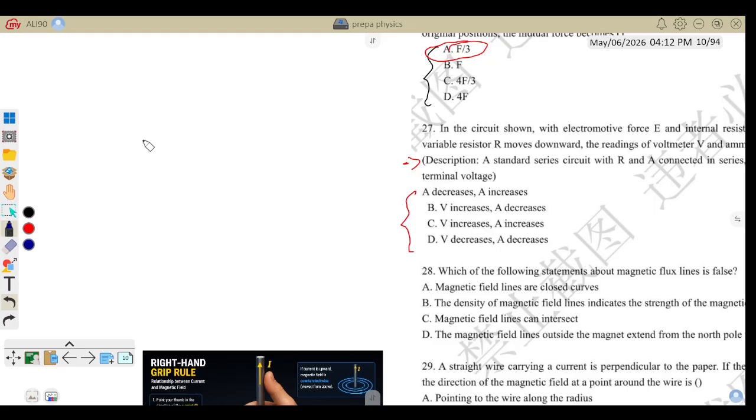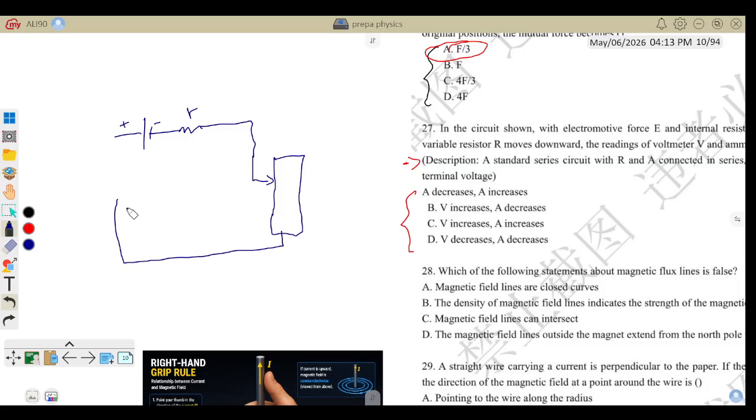We can draw the scheme like this. This is the battery, and its internal resistance is small r. This is the selector, and this is the capital R that's going to change.